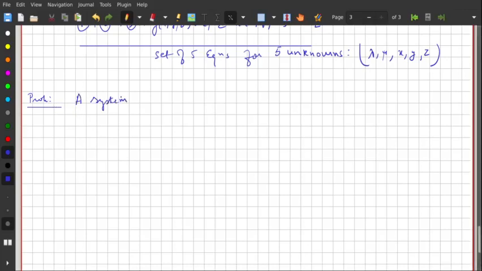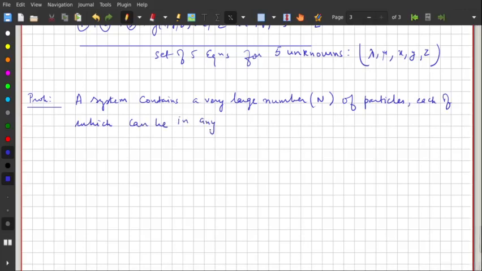Let's say we have a system that contains a very large number N of particles, each of which can be in any of our energy levels with corresponding energies E sub i, where i can go from 1, 2, 3, up to R.